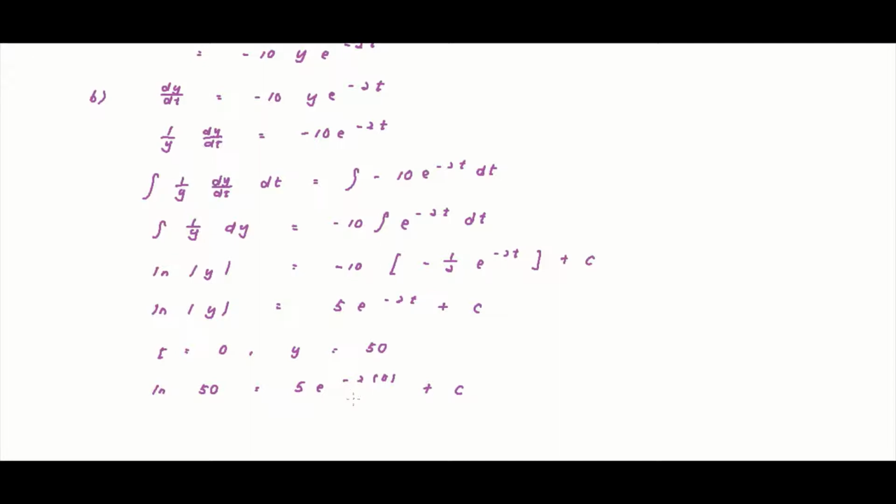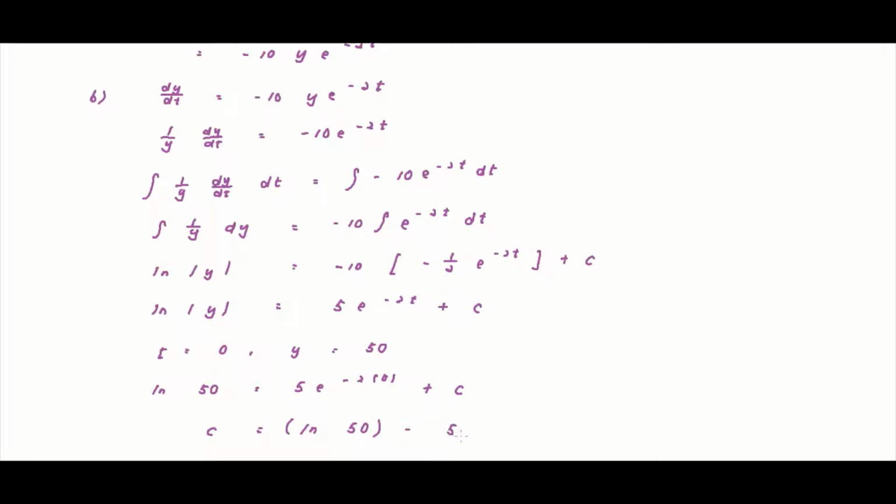Okay, so e power 0 gives us 1. So that's why I have c equal to ln 50 minus 5. Make sure ln 50 stands by itself. You are not taking ln of the whole thing, 50 minus 5. It's ln 50 then minus 5.